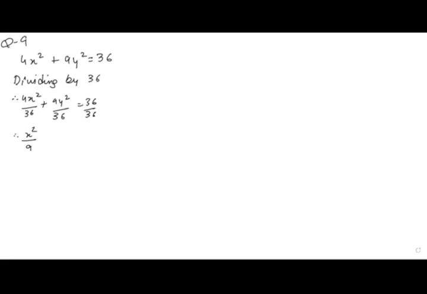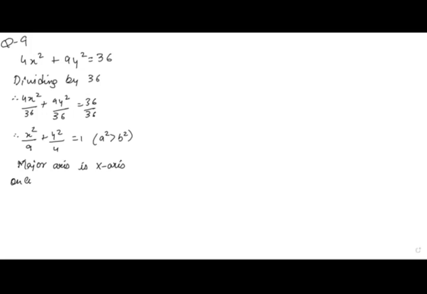Therefore x square by 9 plus y square by 4 is equal to 1. Here you can see that the value of a square is greater than the value of b square. Therefore my major axis is along x-axis.